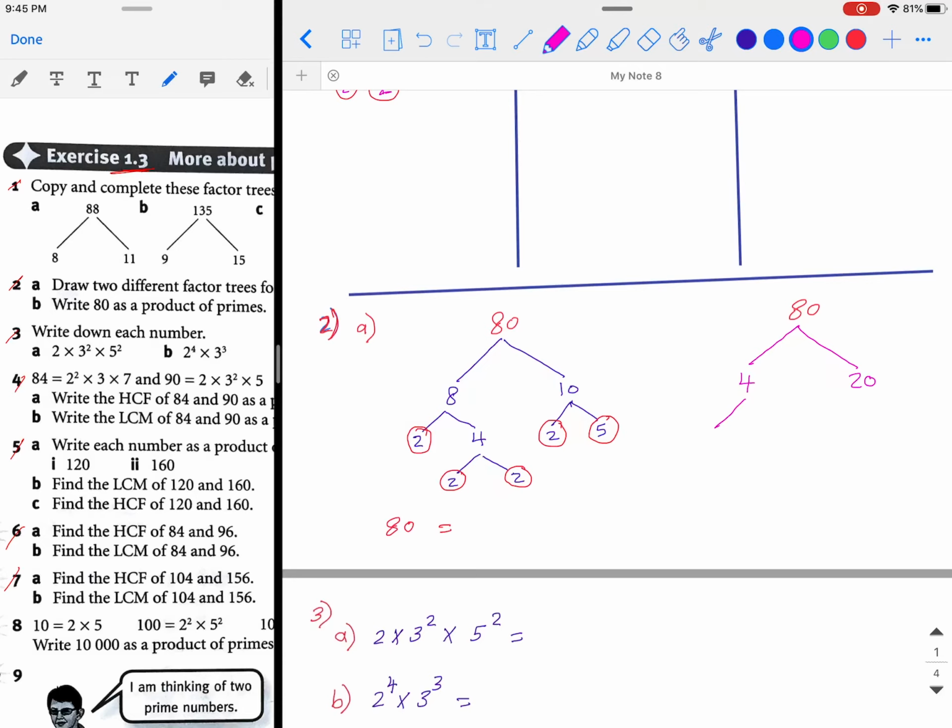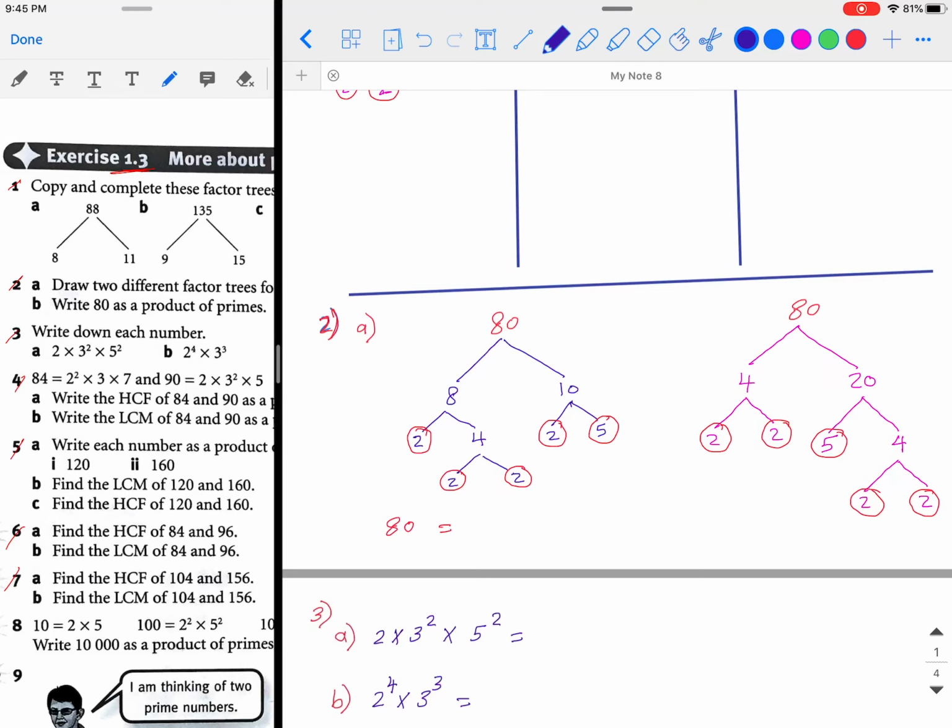From 4 by 20 I will get 80 also. So this 4 is 2 by 2, and this 20 is 5 by 4, and this 4 is 2 by 2 again. So where are the prime numbers? Here 2 and 2 and 2 and 2 and only one 5.